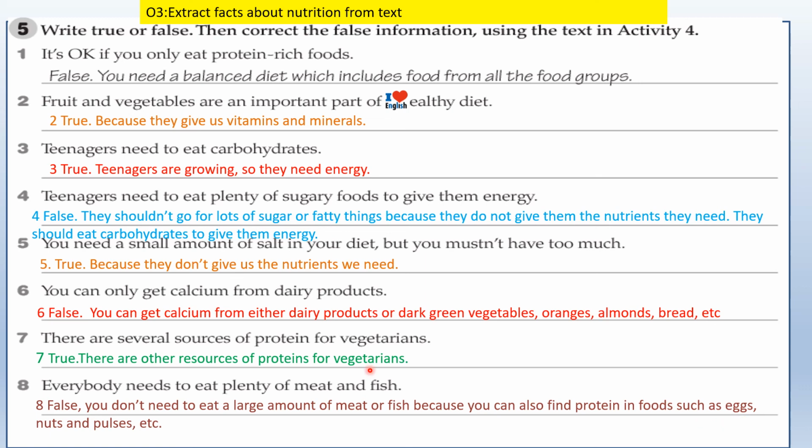So vegetarians can eat eggs, nuts, and pulses to get whatever they need from these sources to get proteins. Now we have finished activity 5 in our workbooks.